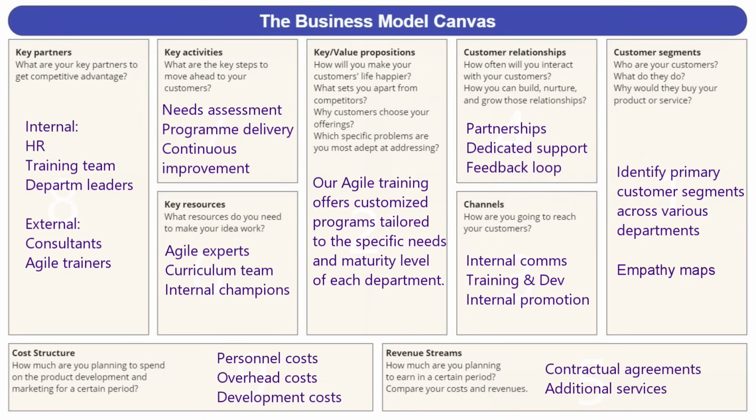Our overhead costs will include operational expenses associated with program delivery, such as venue rental and technology infrastructure. And finally, our development costs will include our investment in curriculum development, training materials, and resources.